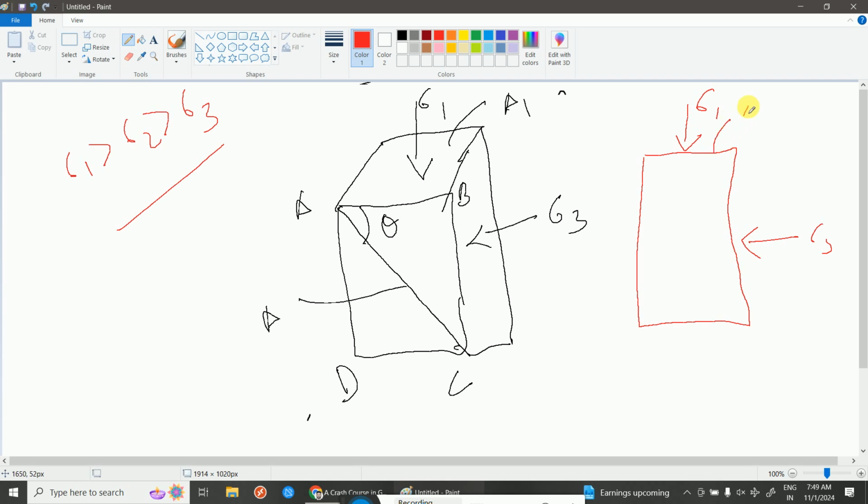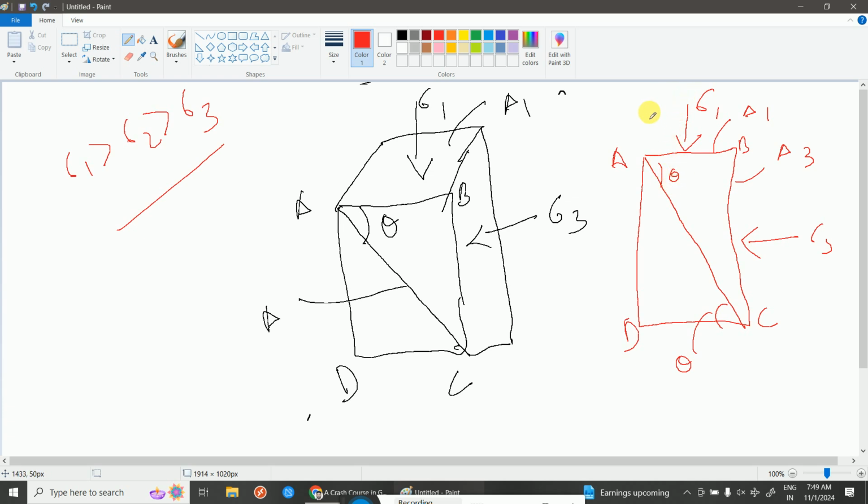Suppose this plane is A1 and this plane is A3, and give the corners the names A, B, D and C. Then draw a diagonal line, and suppose this angle is theta, then this angle must also be theta. Simple school mathematics.